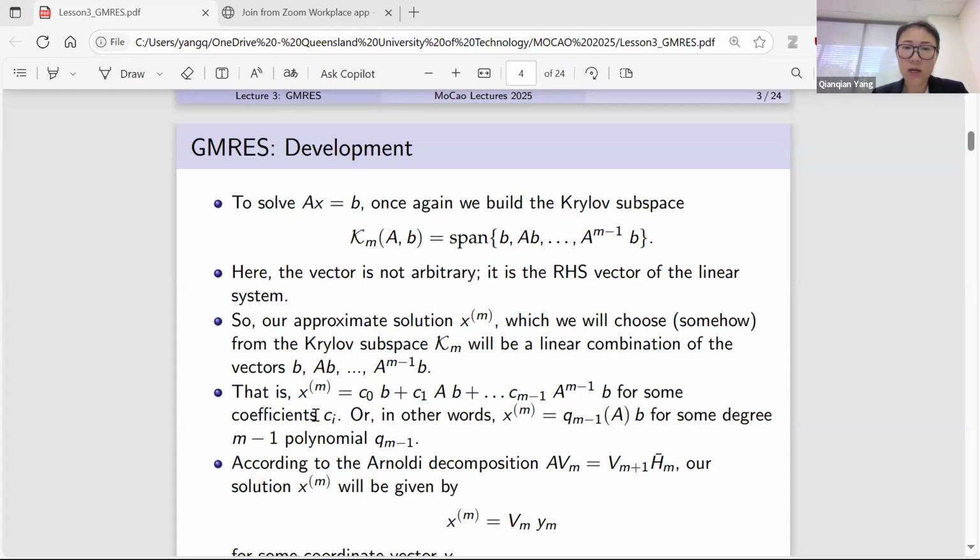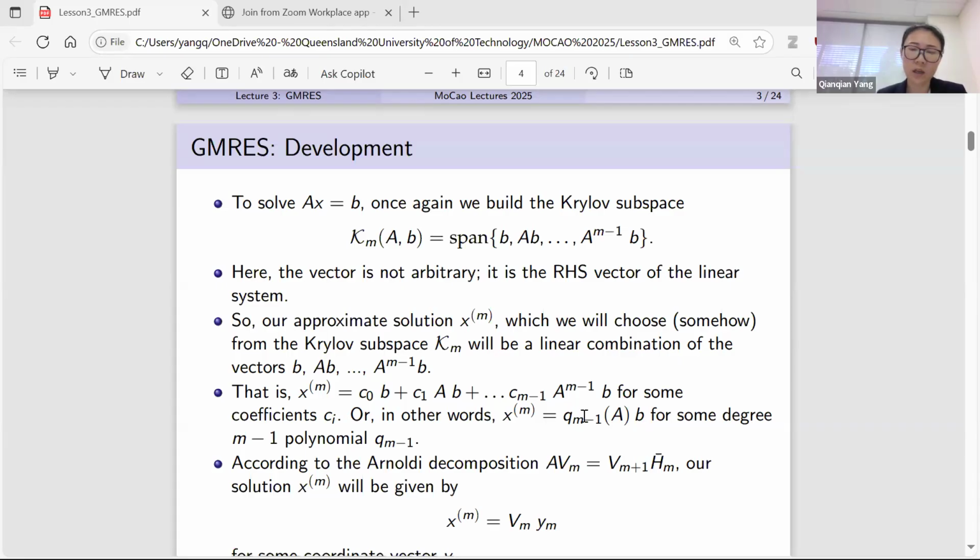That means we can write our approximate solution as x_m = c0 b + c1 Ab + ... for some coefficients c_i. Or in other words, we can write this approximate solution as a polynomial of A of degree m minus 1 times b.